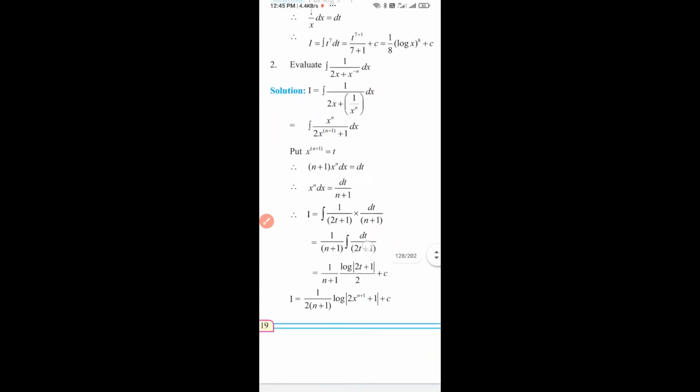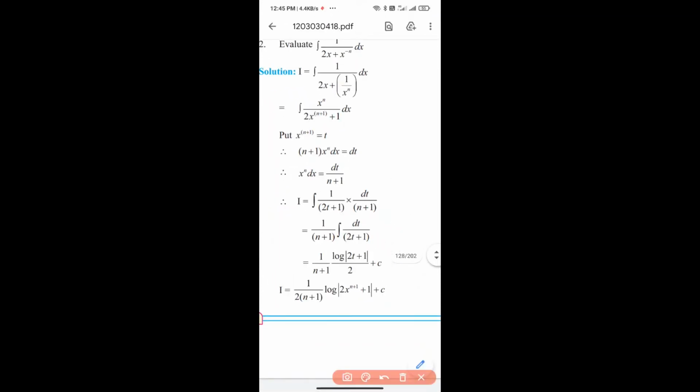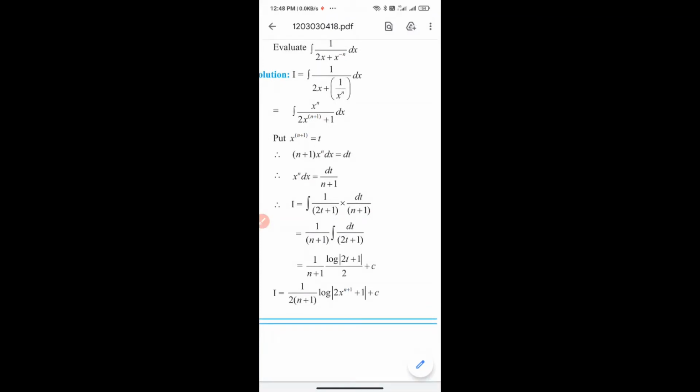Now you can understand here we are integrating this with respect to t, right? So this n plus 1 is constant, so we have to take it outside. After taking 1 by n plus 1 common, integration of dt divided by 2t plus 1 remains inside.